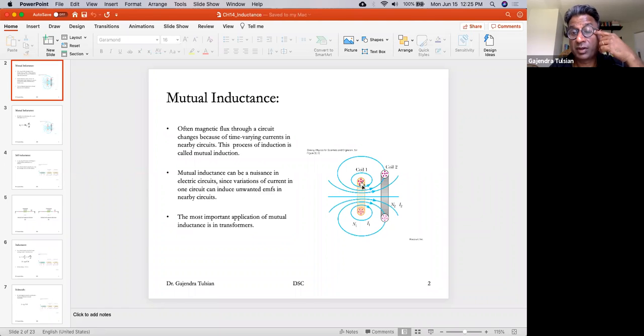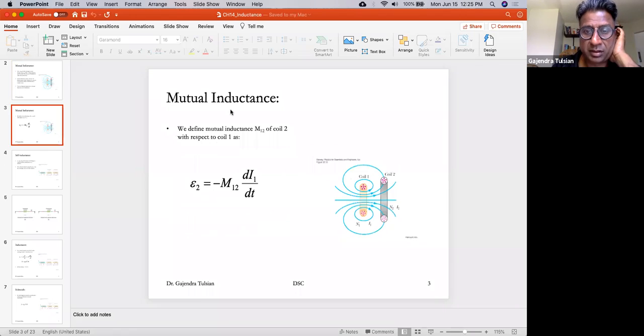What we saw was if you had a circuit here, and if current changes in the circuit, that would mean that magnetic flux through this nearby circuit was changing, and you're inducing an EMF in nearby circuits. So changes in this circuit influence nearby circuits. And the coupling was called mutual inductance. So the EMF induced in the second circuit is equal to mutual inductance times the rate of change of current in the first circuit.